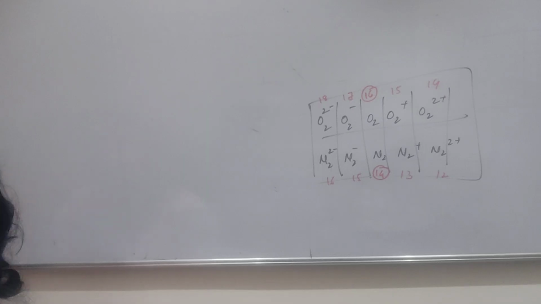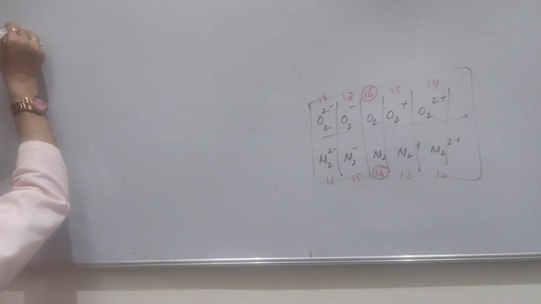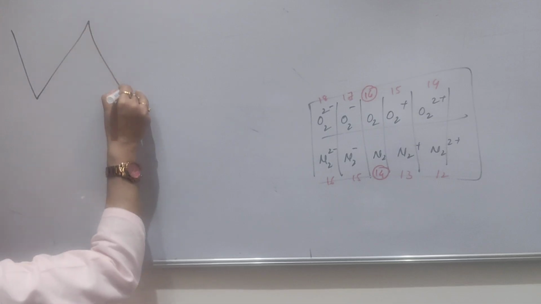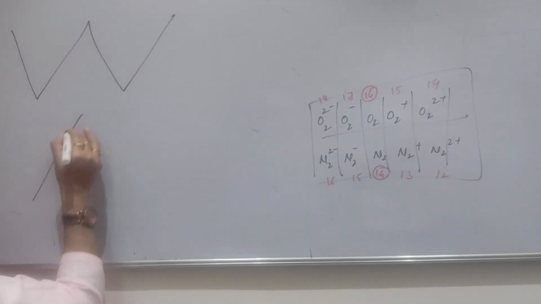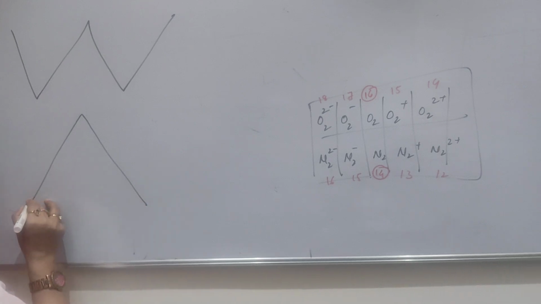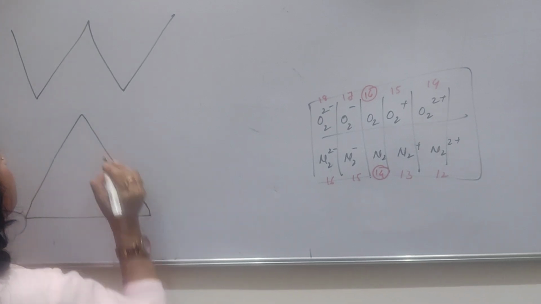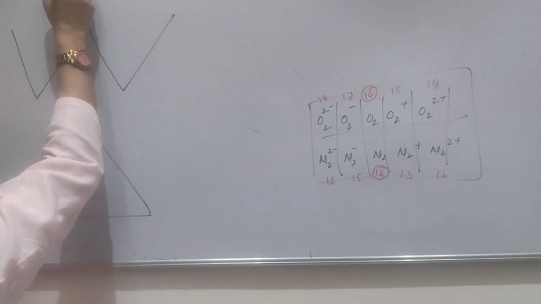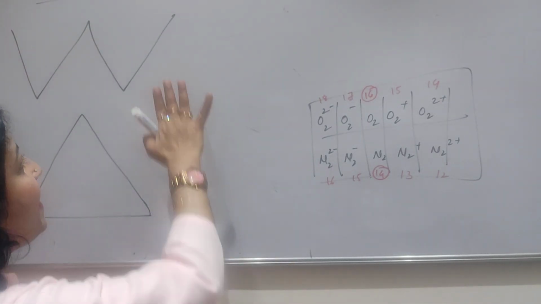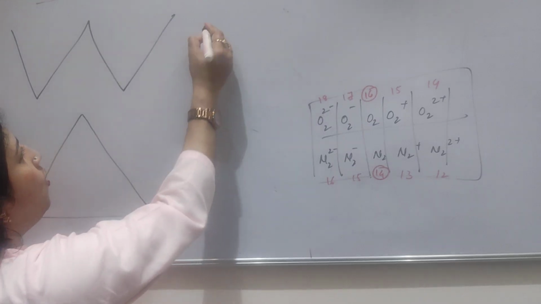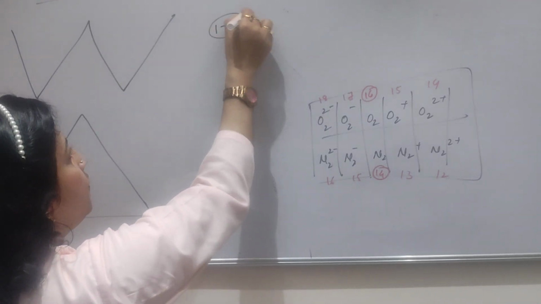You can either go with this format or you can go with this format depending on what is being asked. So this is a trick to know the bond order. So if it is less than 8, you're going to go with this. So 1 to 8, you're going to go with this.